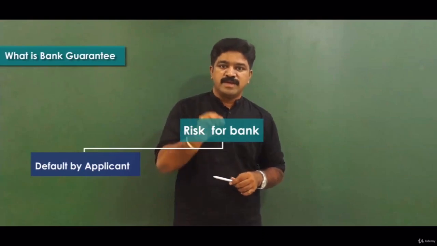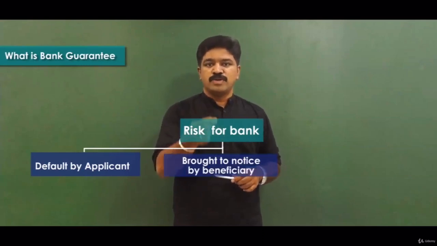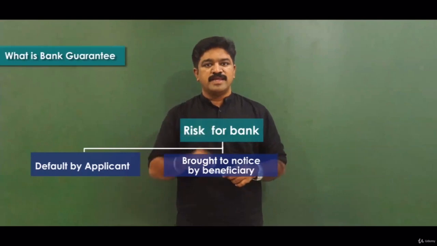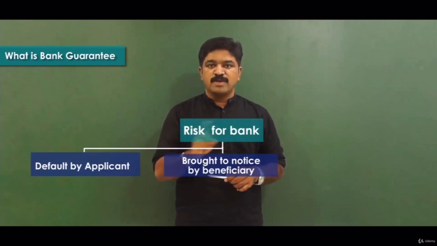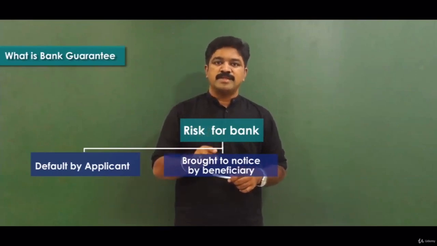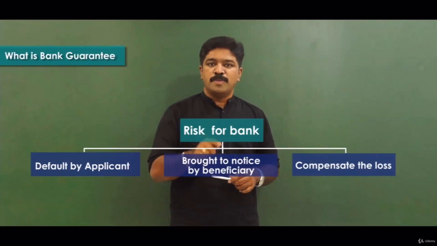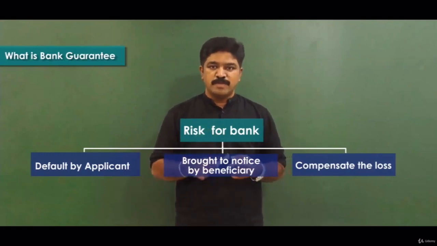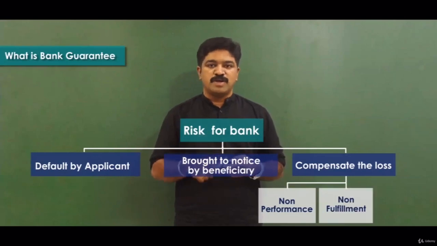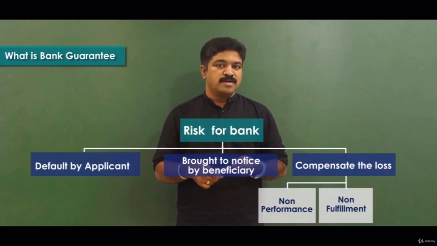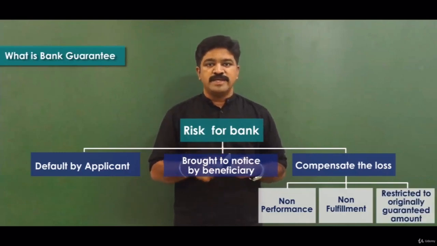Then if the default is brought to the notice by beneficiary, then the guarantor should perform the promise. But if the guarantee is given by the bank, then bank will not perform the promise. Rather, bank will compensate the loss that was suffered by beneficiary on account of non-performance or non-fulfillment of promise, and this compensation by the banker will be restricted to originally guaranteed amount.